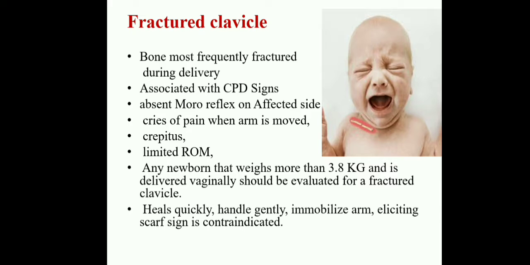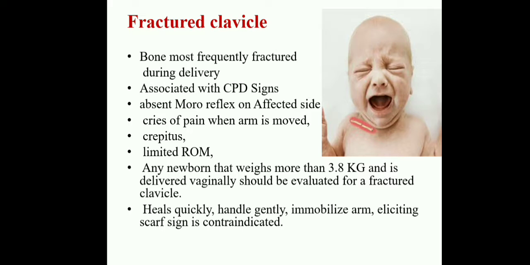When a fractured clavicle is there, the baby shows absence of Moro reflex on the affected side and cries with pain when the arm is moved. And crepitus, meaning cracking sounds, may be produced because of that fracture.